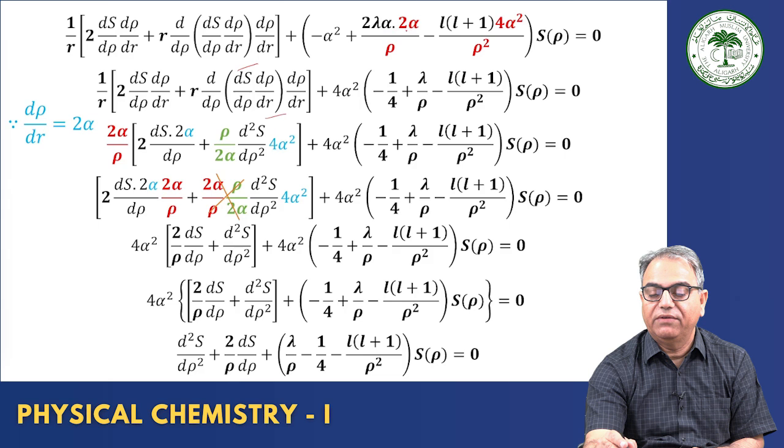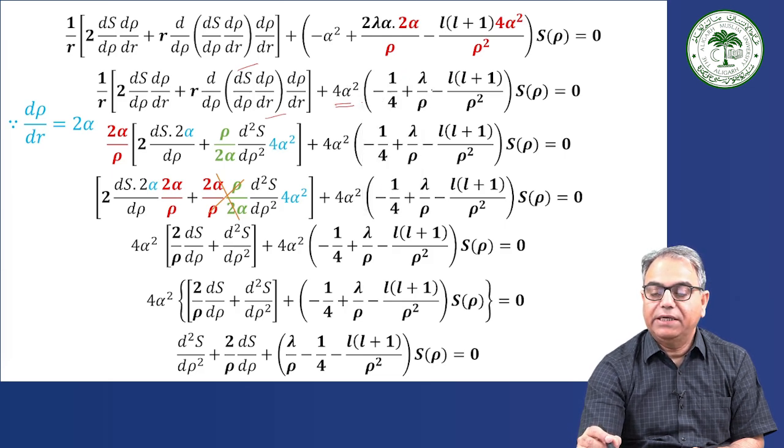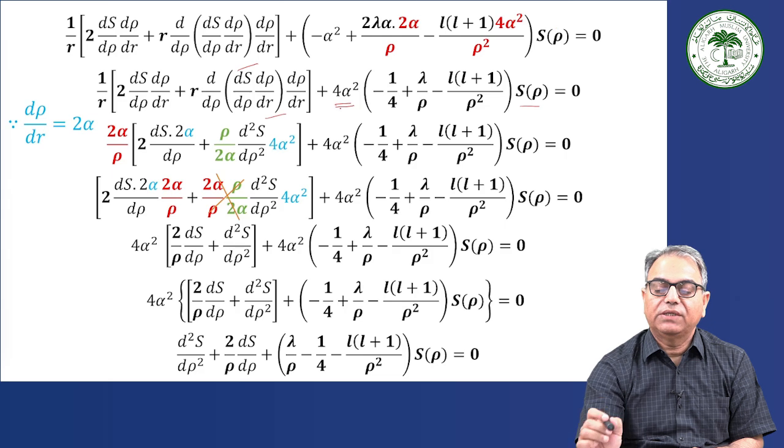So, 4 alpha square you have here, and here you have alpha square. So, out of the second term, 4 alpha square is taken as common. If you take 4 alpha square common, then the first term will be minus 1 by 4. Then the second term is alpha divided by rho, because 4 alpha square we have taken common. So, L into L plus 1 divided by rho square into S rho. So, the only change from the first equation to the second equation on this slide is that 4 alpha square has been taken common from the second equation.